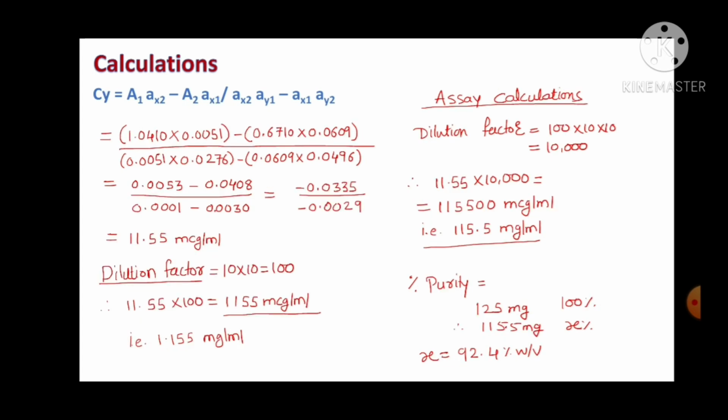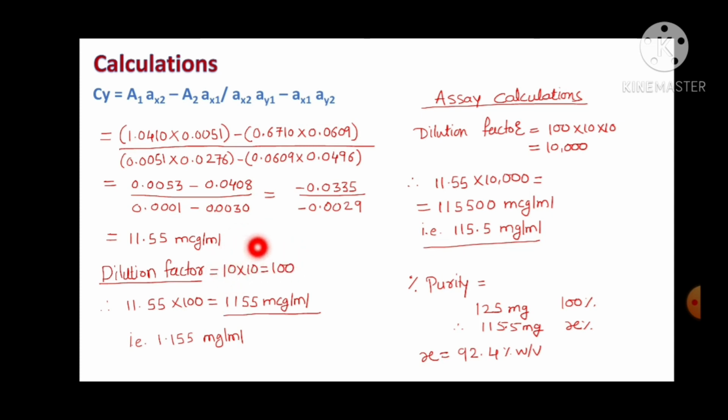Similarly, we can solve the equation by substituting the values here for this Y. After solving this equation we will be getting 11.55 micrograms per ml. That is the concentration in the diluted solution which we have taken for recording absorbance.